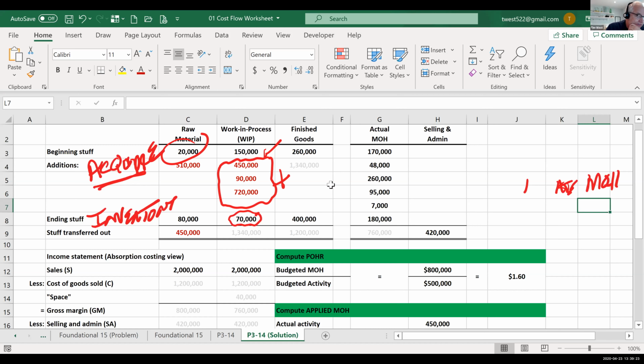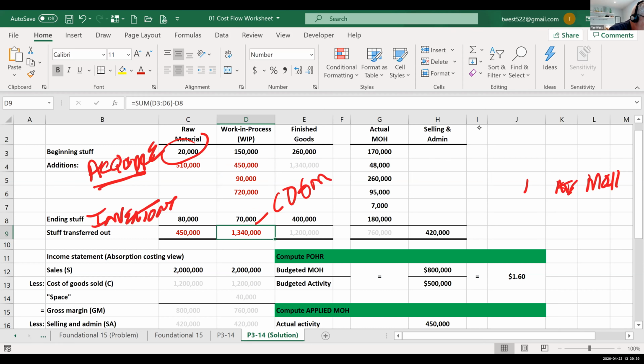Okay, and so then that leaves us with this amount that got transferred out, and that has a special name for us, right? That would be called cost of goods manufactured. Ooh, okay. So COGM, C-O-G-M. So that one's COGM, just like this was direct materials. Okay.